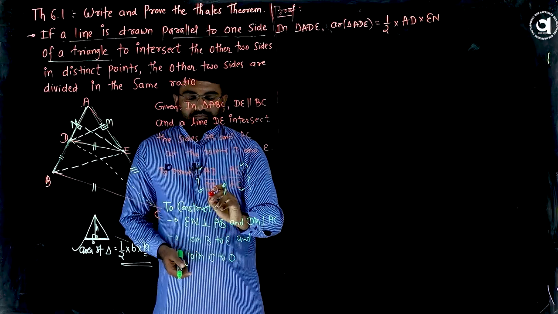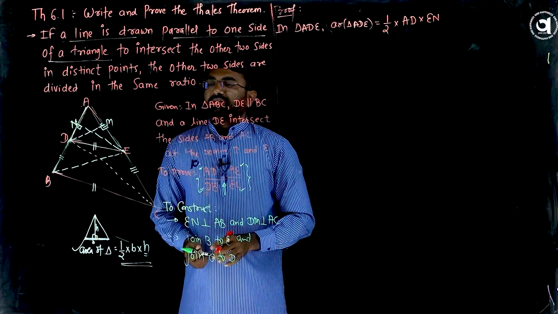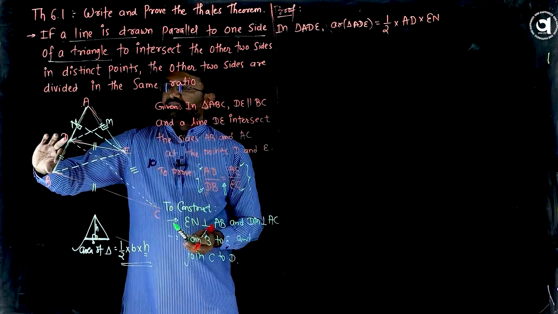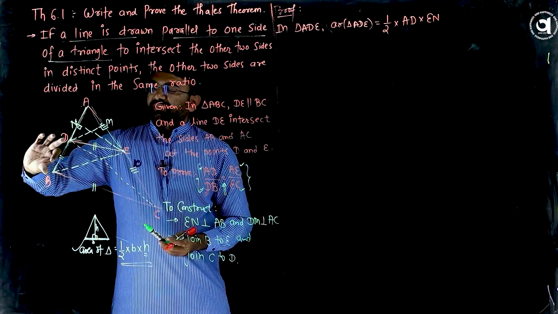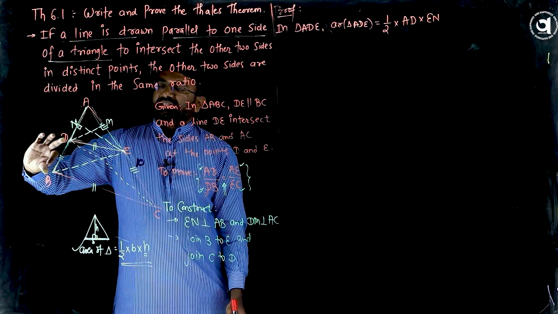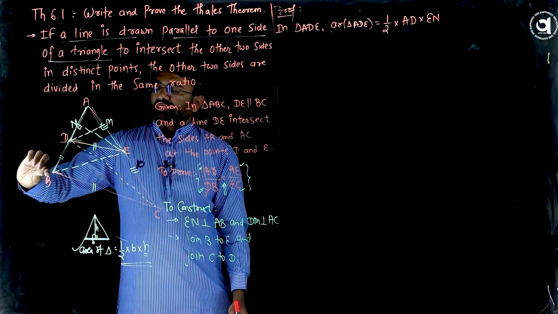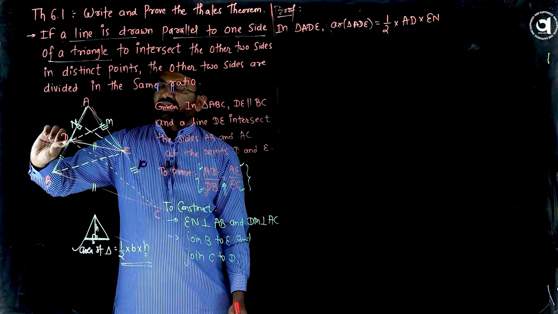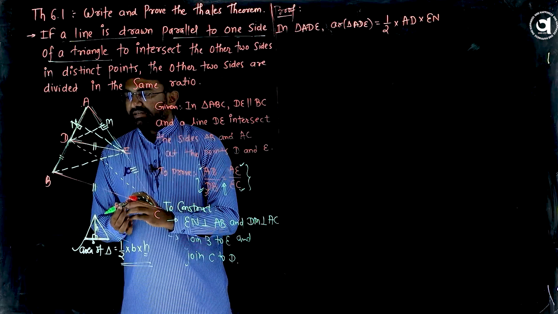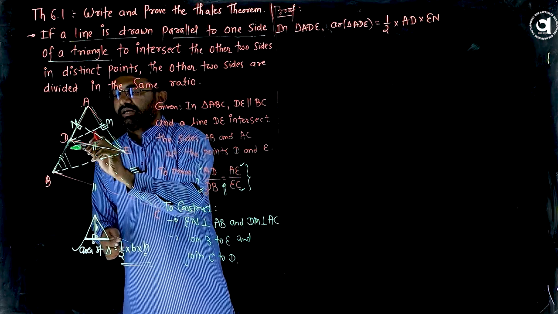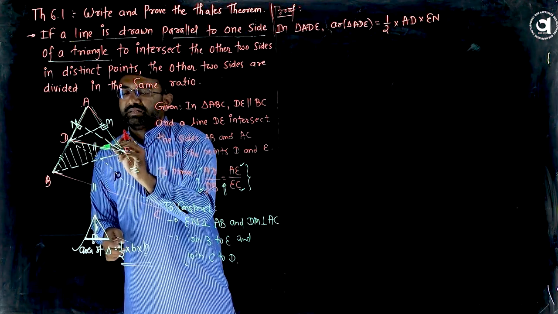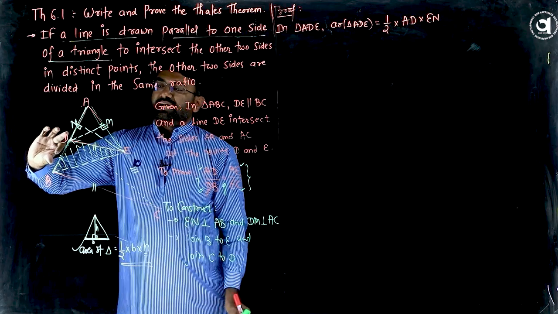Now we have to write DB as a base for a triangle's area. DB is a base, meaning DB is one of the sides of a triangle, and that side comes in triangle BDE. In this triangle, DB comes as one of the sides.